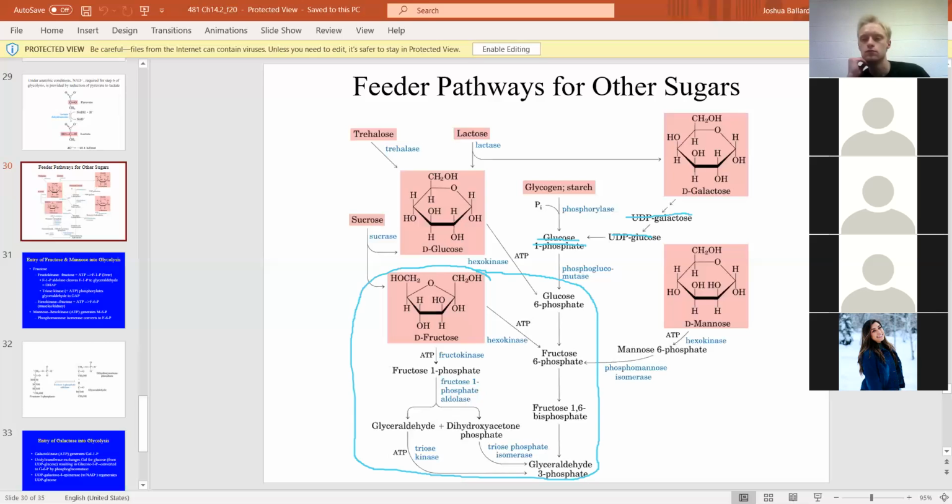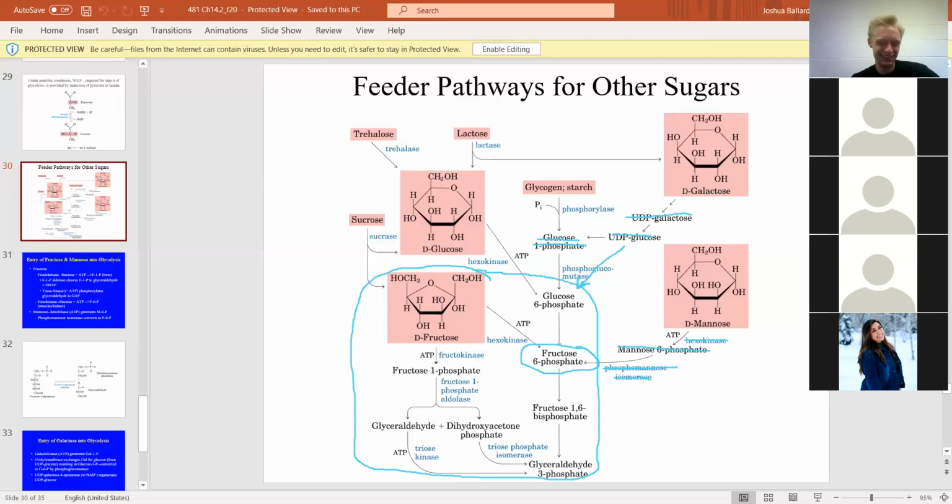But you do need to know that it comes in as glucose 6-phosphate. And then for mannose, you don't need to know this or this. You just need to know that it comes in as fructose 6-phosphate. If something like that shows up on the test, it was totally Dr. Graves' fault because he told me that is not going to be on there.